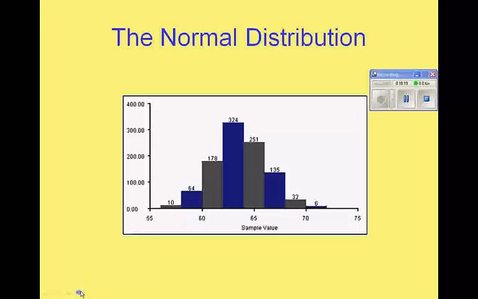Now, when we talk about distributions, the most important distribution we will study in this course is what's called the normal distribution. I'm not going to give you a real precise definition yet, but what I will say is you've seen this before. It's what we think of when we talk about what's called a bell curve. The bell curve looks something like that.